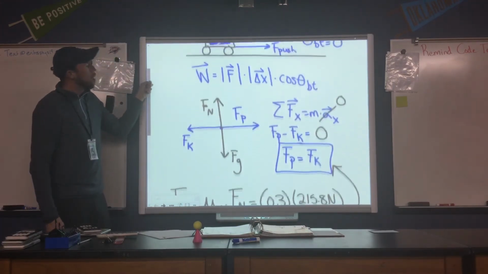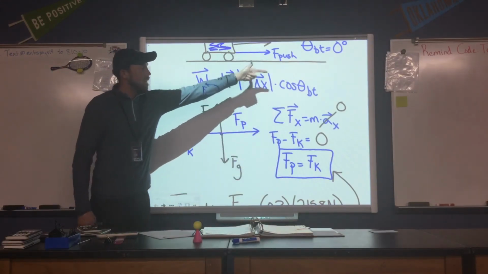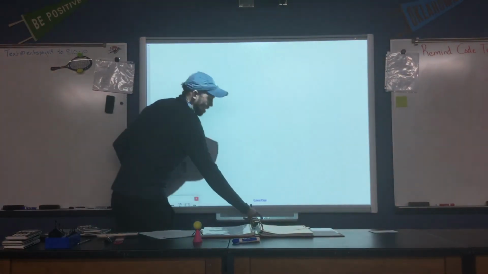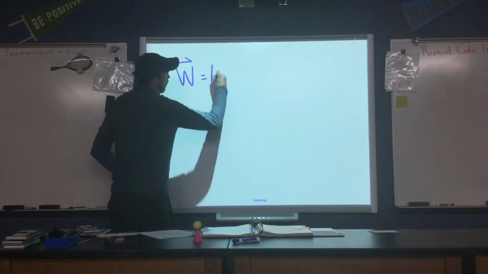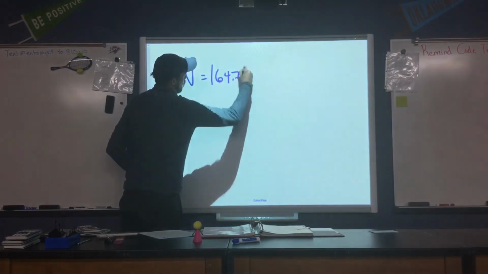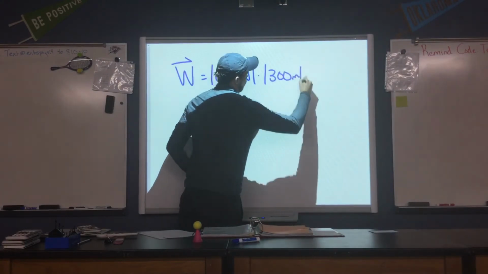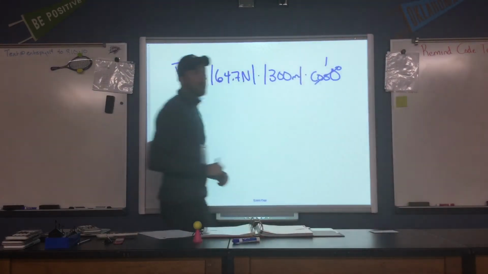So now that I know my force pushing on the cart, I know my delta x, I know my angle, it's really a matter of using our equation one last time. So the work done here would be our force, which is 64.7 newtons, multiplied by our displacement, 300 meters, multiplied by cosine of 0 degrees, which will just be 1.